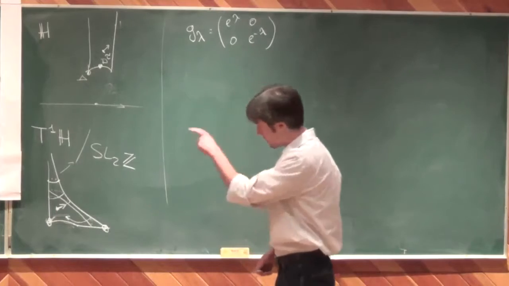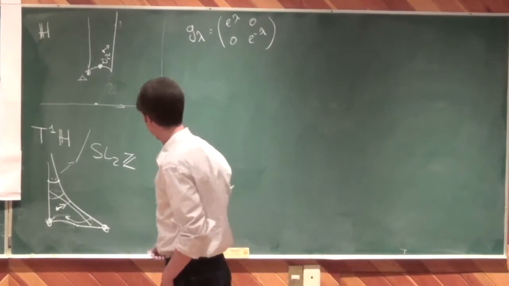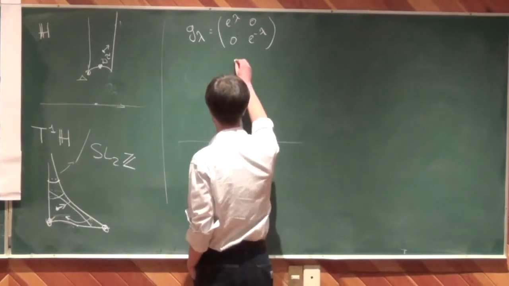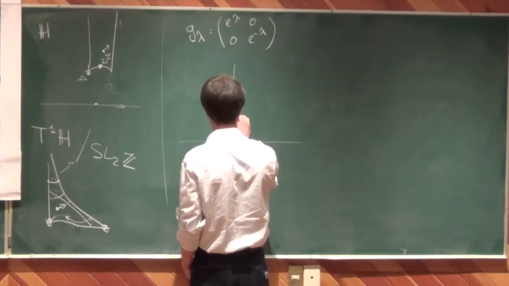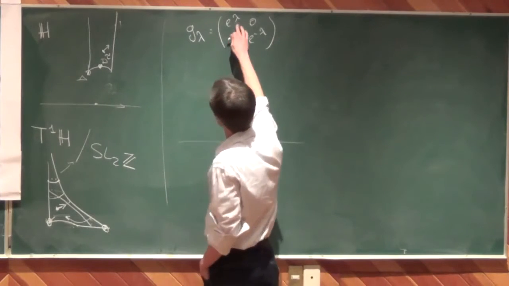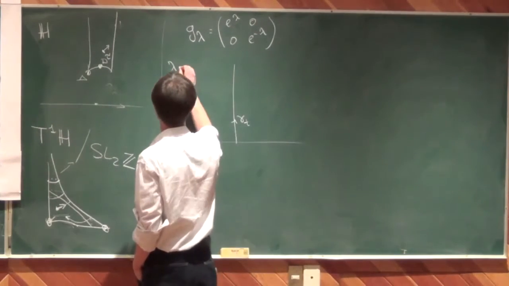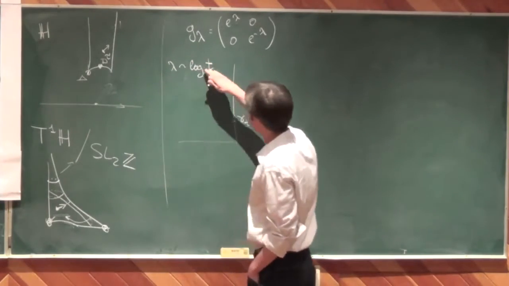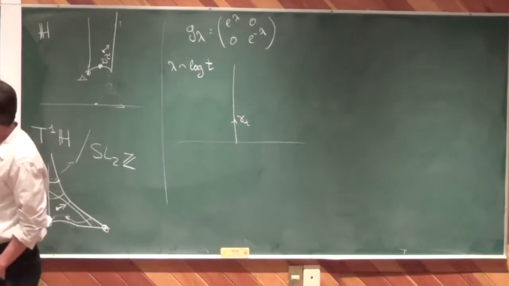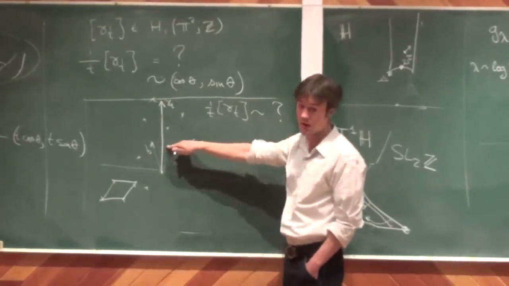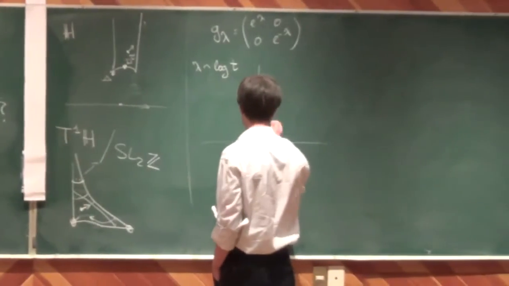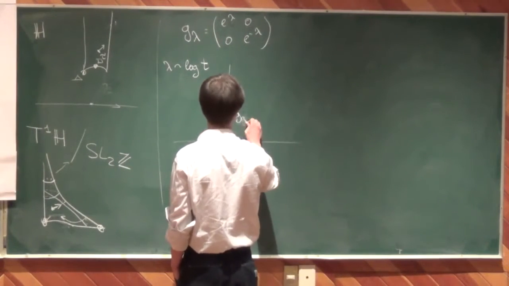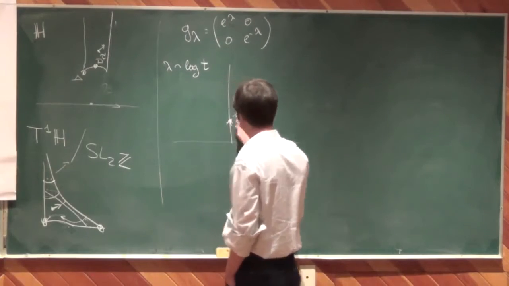And what does this correspond to in that picture? Well, I'm trying to redraw the picture. So our gamma of t now, let's say that we took lambda to be of order log t. So when you take e to the log t, basically this vector now became length 1. And so this is g_lambda of the tip.